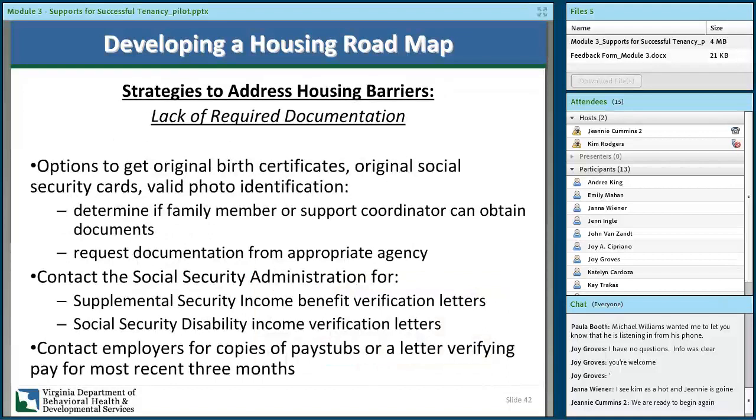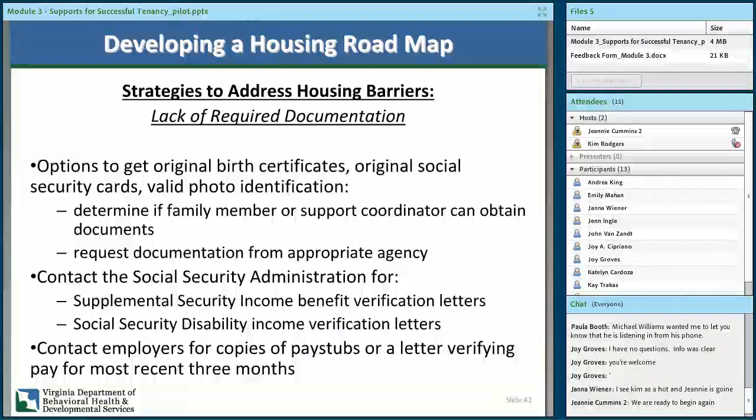First, we're going to look at strategies to address required documentation that the tenancy screening indicates the individual needs, like birth certificates, social security number verification, valid photo identification, verification of disability income, and proof of earned income. These are the documents typically needed to apply for rental assistance and for rental housing.